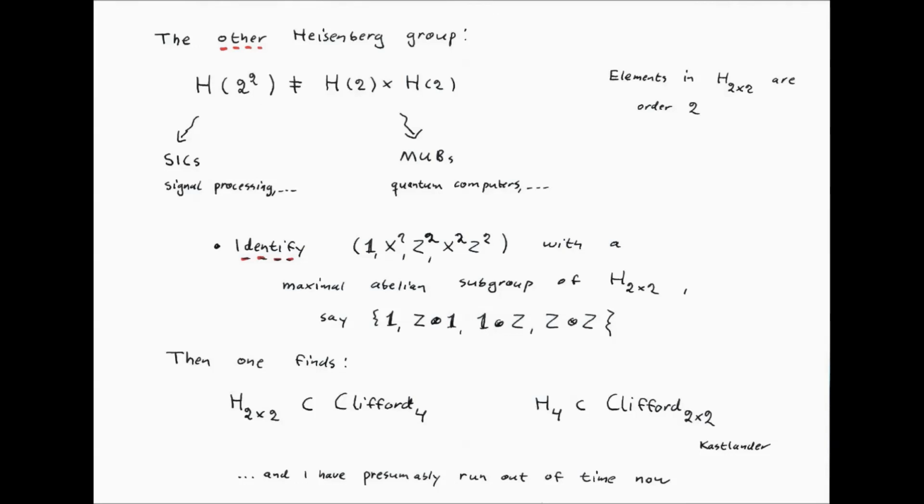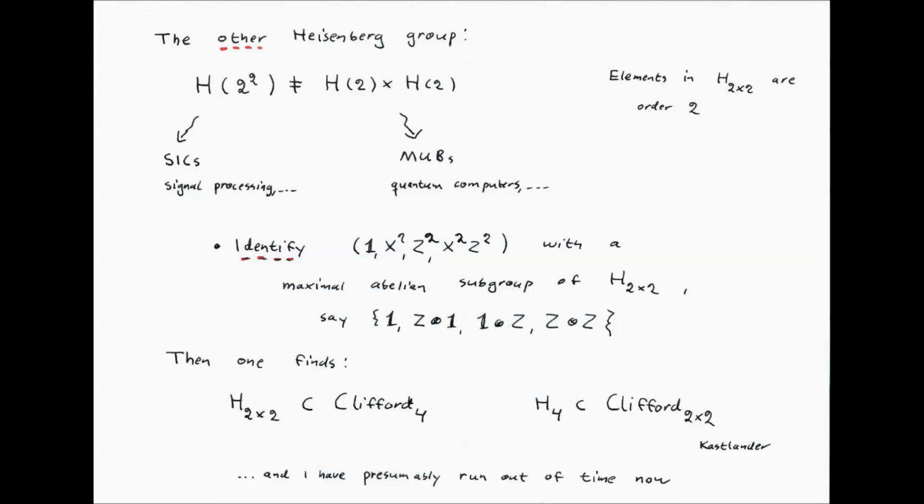And now, when we treat this group here, I said we should focus on those elements that are of order 2. So what we can do now is identify this unique abelian subgroup in this group to any one of the maximal abelian subgroups of this tensor product group. So we could identify this subgroup of that with this subgroup of that.